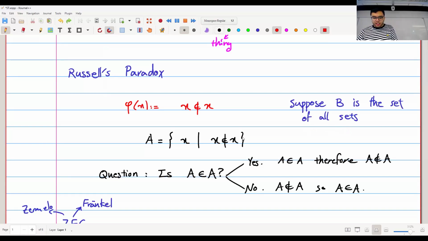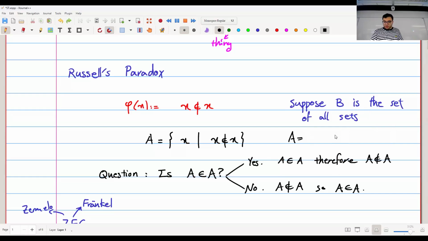Then I could define A, instead of defining it like this, I could use my comprehension axiom and say this is the set of all X in B such that X is not in X. And then A should exist, because my comprehension axiom says that if I have a set B, I can do comprehension over B. But if A exists as a set, then I will have the same problem again, right? So I cannot have a set of all sets.